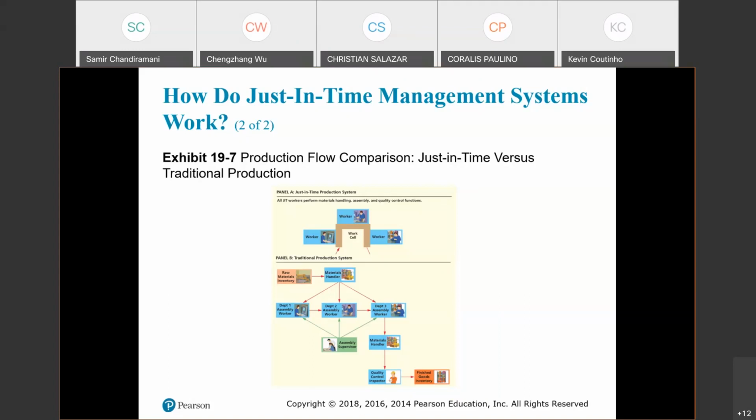Many companies credit JIT management for saving them millions of dollars, but JIT management systems are not without problems.